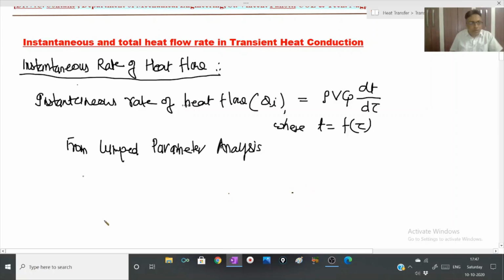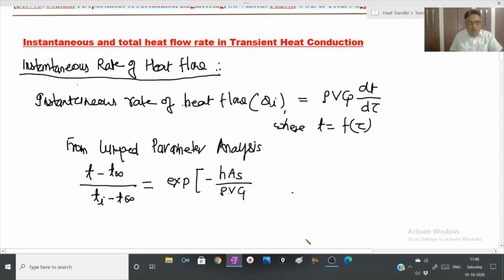We know temperature at any moment of time is given by T minus T infinity over Ti minus T infinity is equal to exponential of minus h into As over rho V Cp into tau.